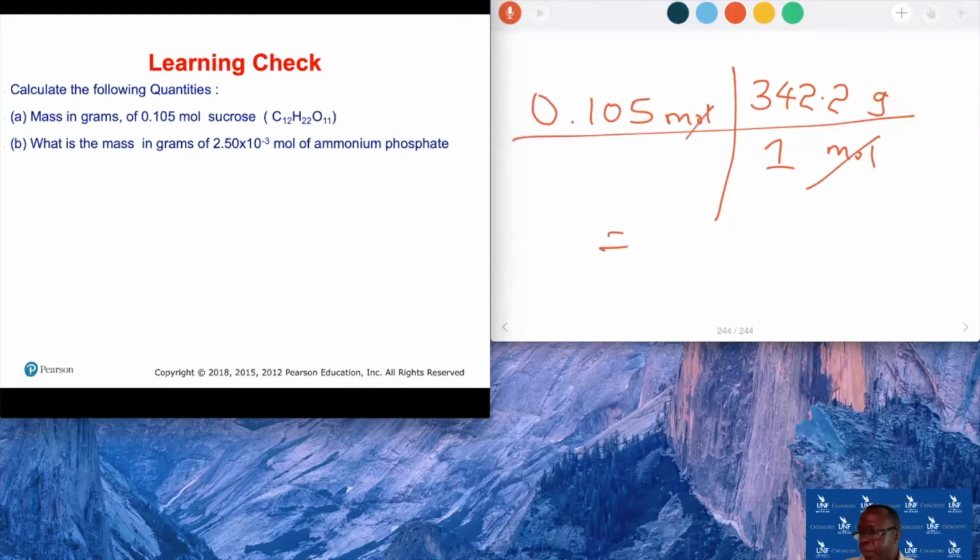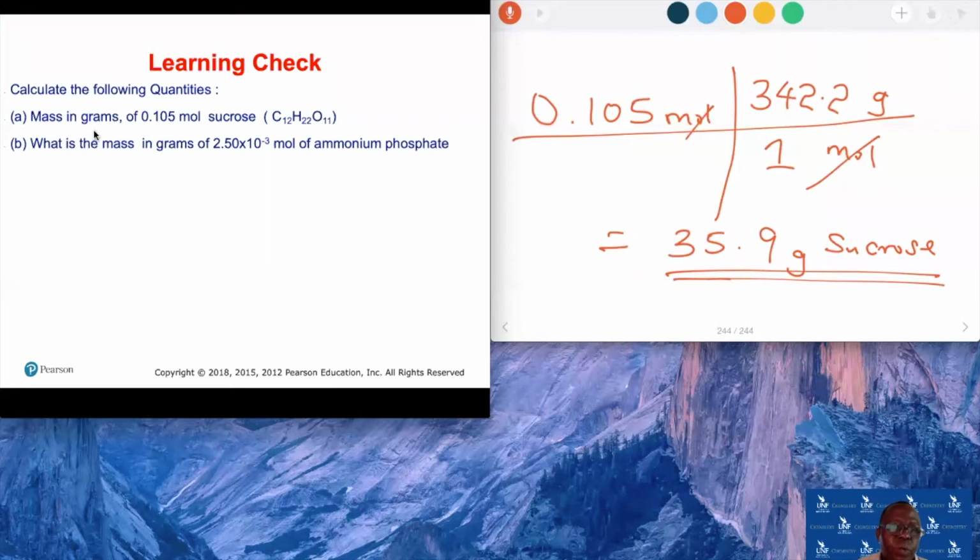You multiply 342.2 times 0.105 and get 35.9 grams of sucrose. I've changed from moles to mass in grams, with 3 significant figures.